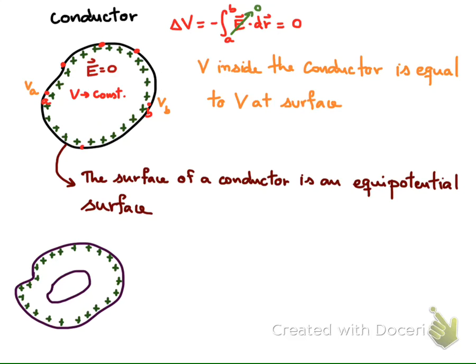So the charge will distribute on the surface of the conductor, which means that inside the conductor, even though there is a hollow inside, the electric field will equal 0.